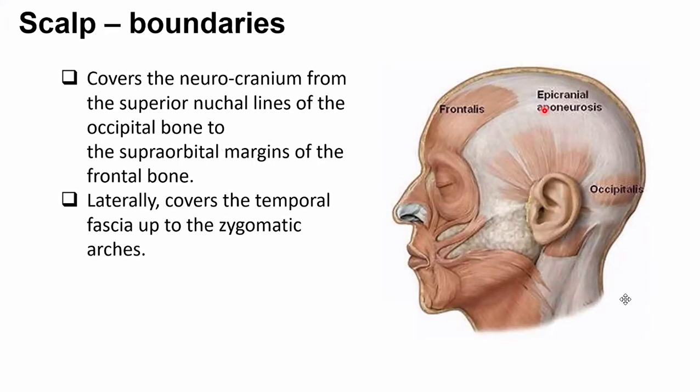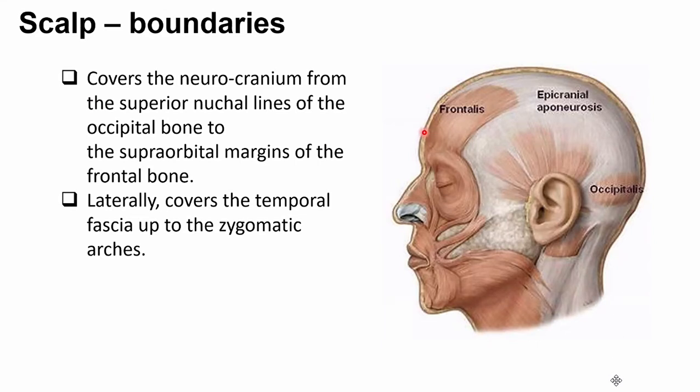The scalp extends from the external occipital protuberance and superior nuchal lines of the occipital bone to the supraorbital margins of the frontal bone. This is just the top of your eyebrows.